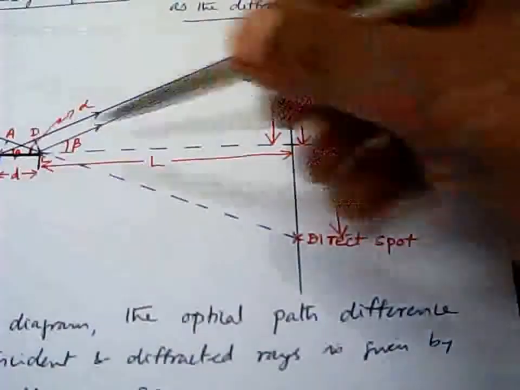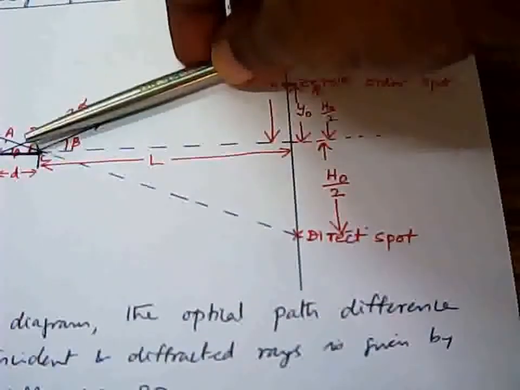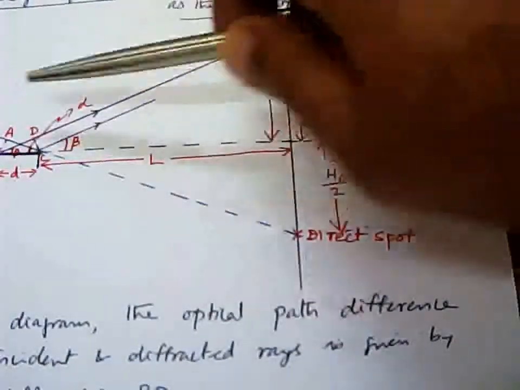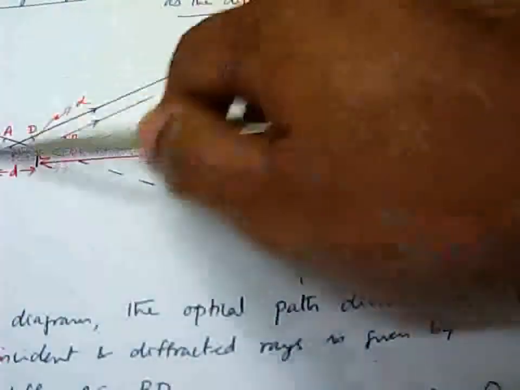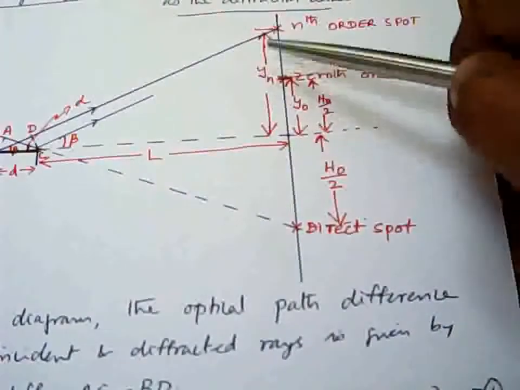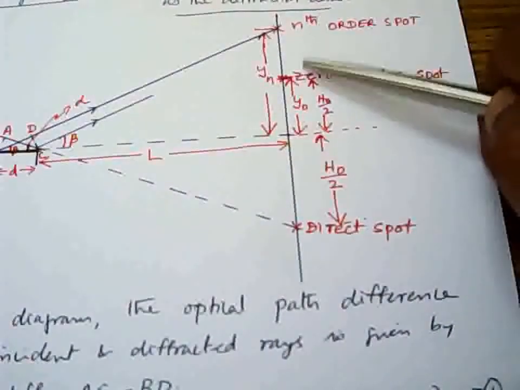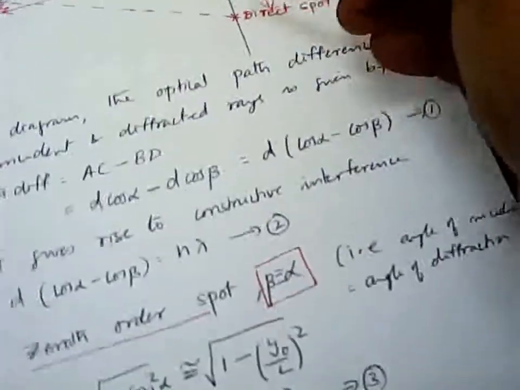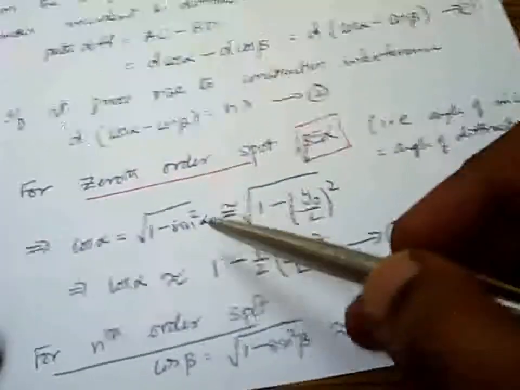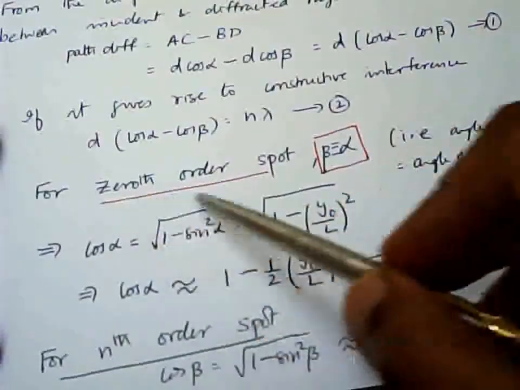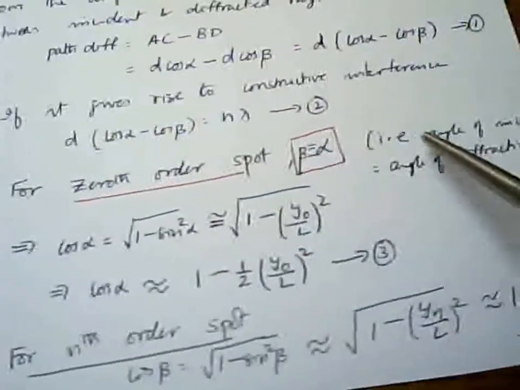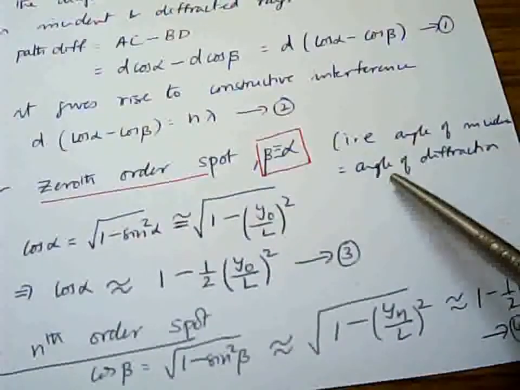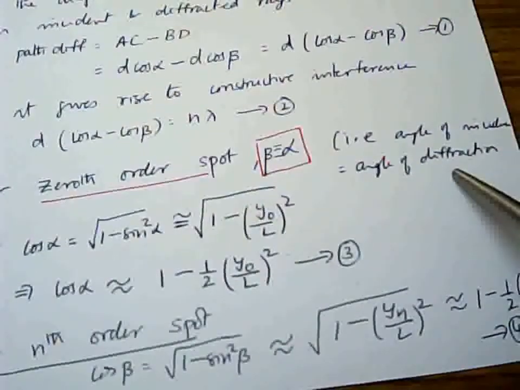So if you have zeroth order spot, what it means is basically the values of alpha and beta will be the same. That means angle of incidence should be equal to angle of reflection for zeroth order spot. Okay. Now that is what I have mentioned here. For zeroth order spot, beta is equal to alpha. That is, angle of incidence is equal to angle of diffraction.